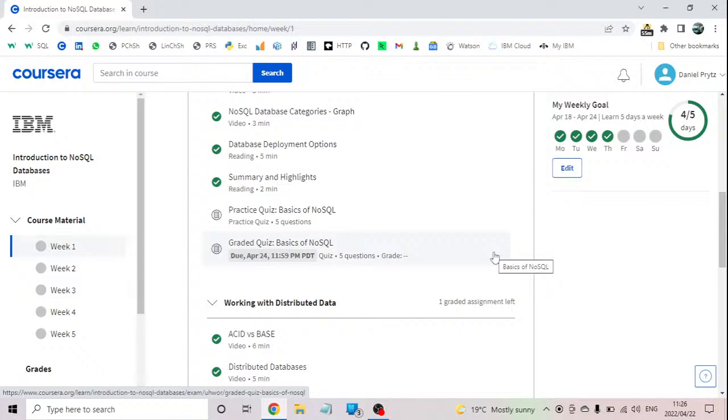BASE, you have a lot of availability, a lot of data, scalability. The servers are distributed in clusters, nodes, and scale horizontally. Data eventually becomes somewhat consistent, but not the strict consistency of ACID.